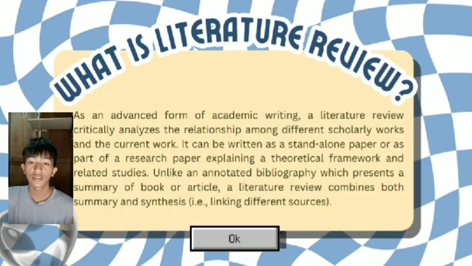As an advanced form of academic writing, a literature review critically analyzes the relationship among different scholarly works and the current work. It can be written as a standalone paper or as a part of a research paper explaining a theoretical framework and related studies.